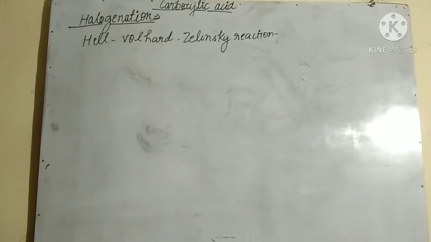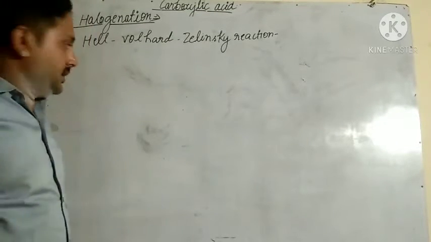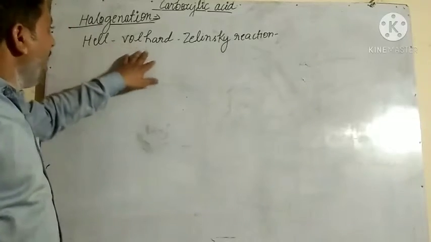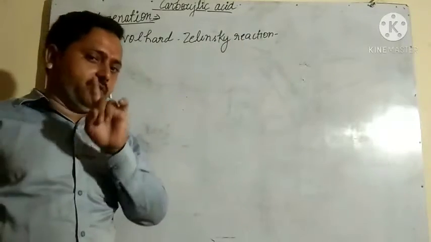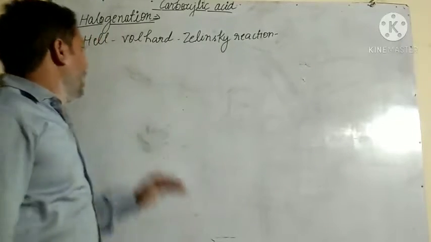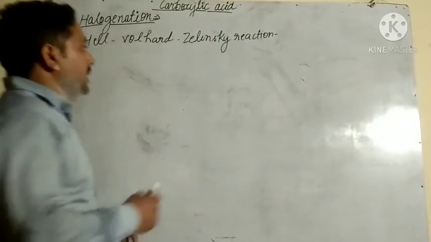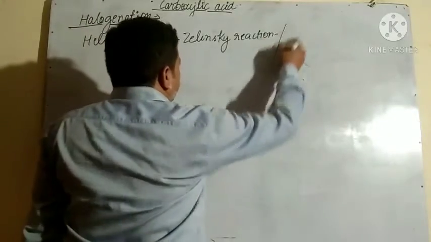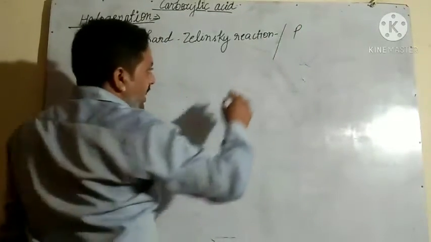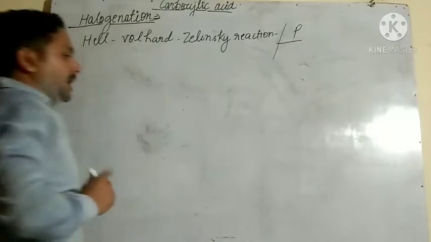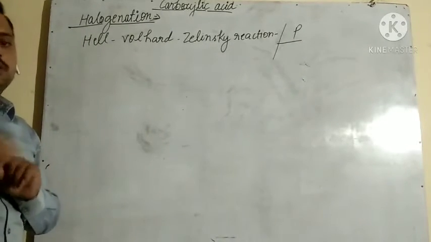So next is halogenation. This is a named reaction, the Hell-Volhard-Zelinsky reaction. What is the necessary condition for this halogenation? There we use red phosphorus as a catalyst, and the carboxylic acid must have at least one alpha hydrogen.